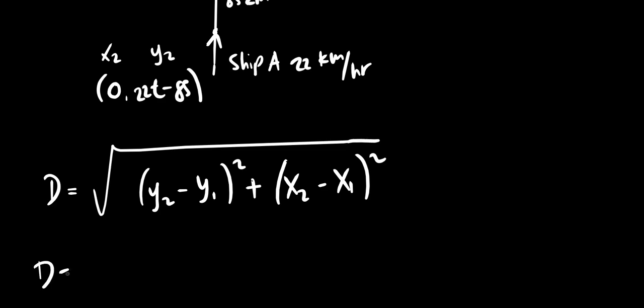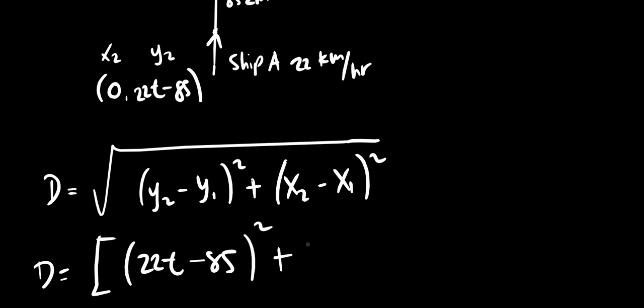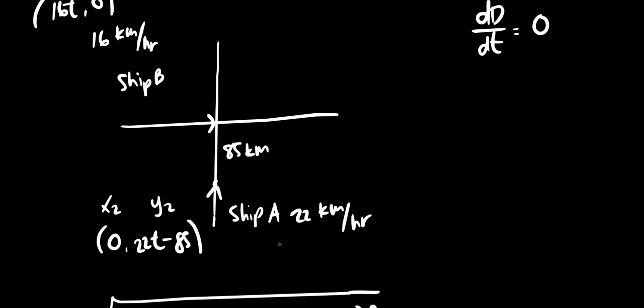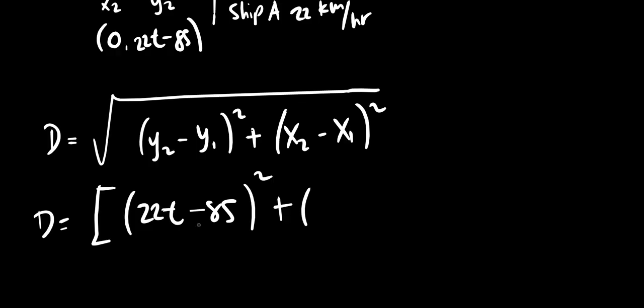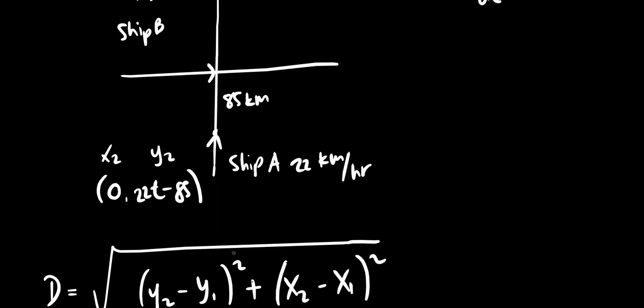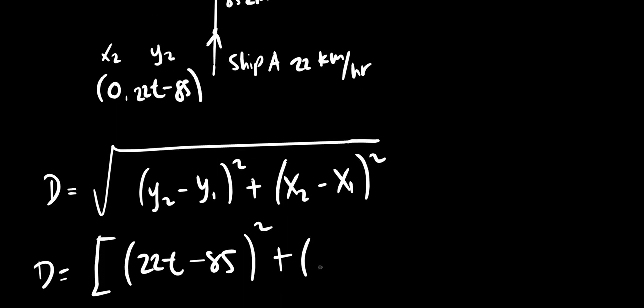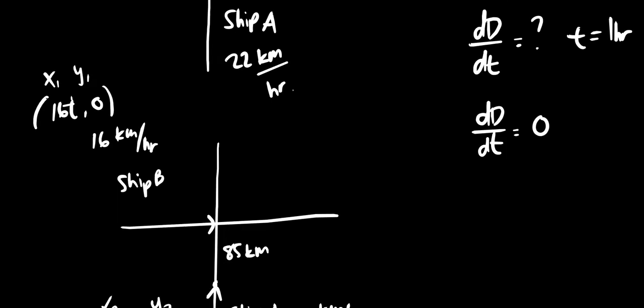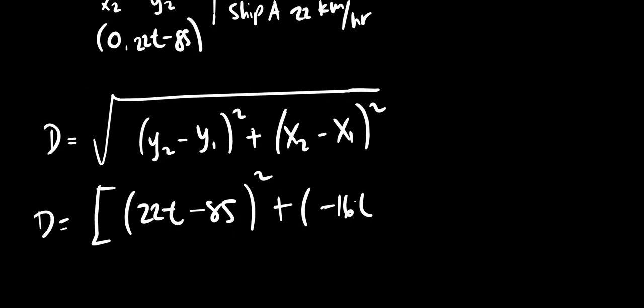We'll plug this in. y sub 2 is 22t minus 85, squared, plus x sub 2 is 0, and y sub 1 is 0, and x sub 1 is 16t, so this is negative 16t, squared, all raised to the power of 1/2.